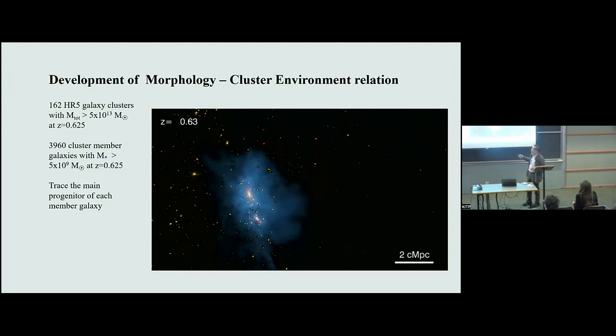We chose this because this is the end of the simulation. We ran out of simulation time, so we couldn't go quite to z equal 0. Then there are about 4,000 member galaxies belonging to these clusters, and we traced all of these member galaxies along the merger tree.